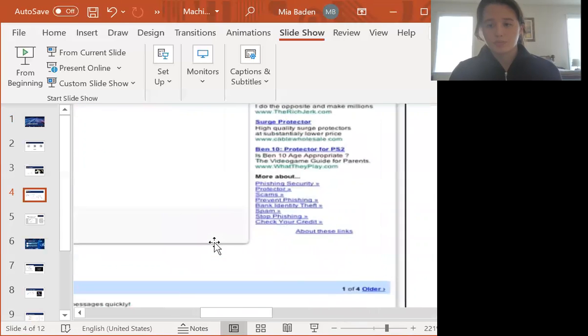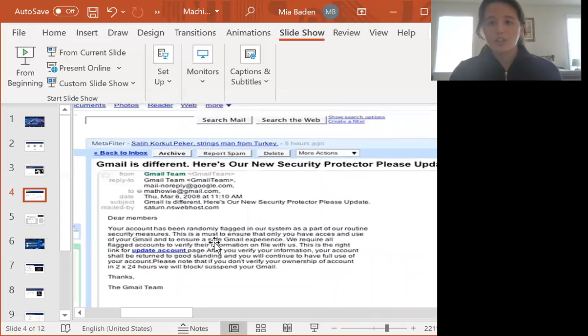So if it has a charge to it, then, for example, if it says update your account, it would be either the updates or possibly the primary, I don't know. And then for example, if it said "Dear Rebecca, how are you?" and it's an email from someone you already have in your contacts, then it would definitely be primary.